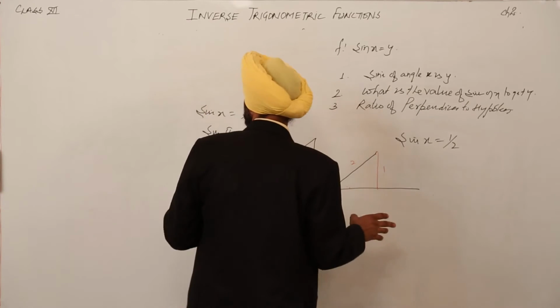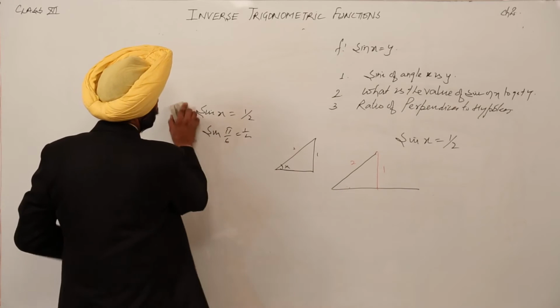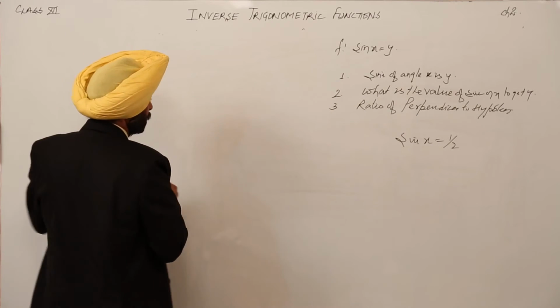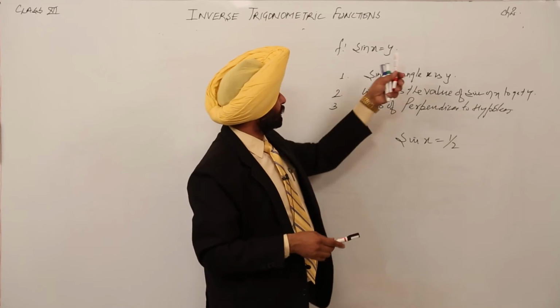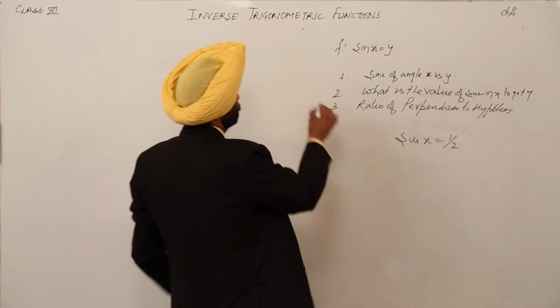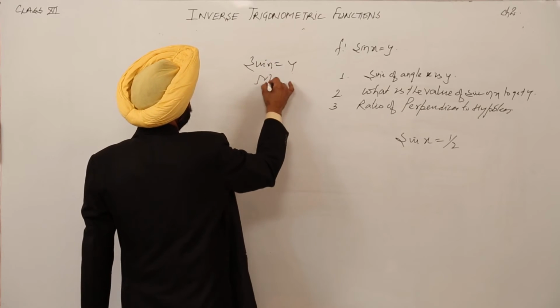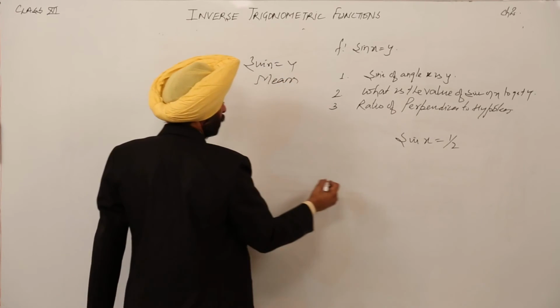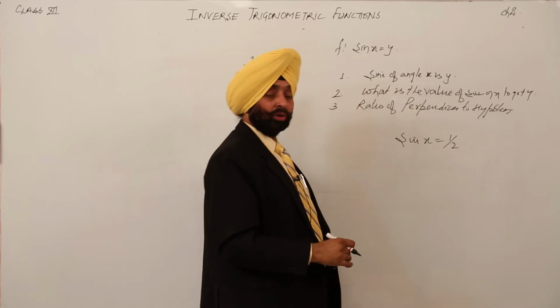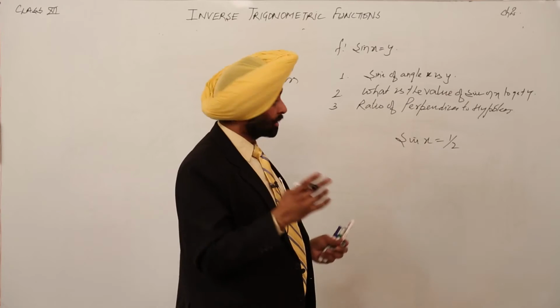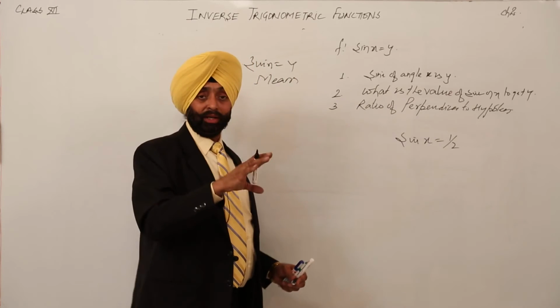Now suppose for this we write sin x is equal to y. Now when we have sin x is equal to half, let's take another function g. As I told you, right in the beginning we took two functions, one f and one g.